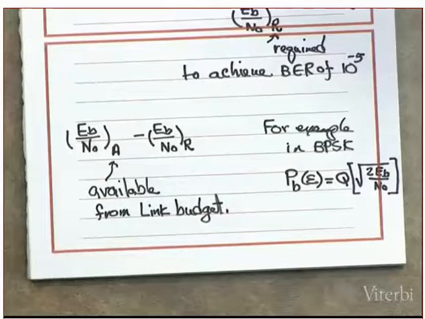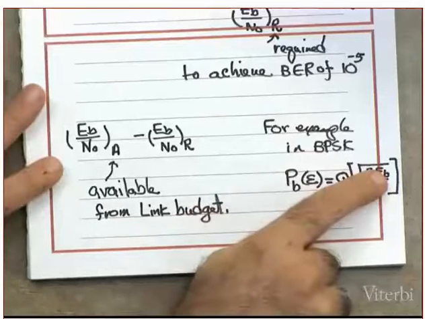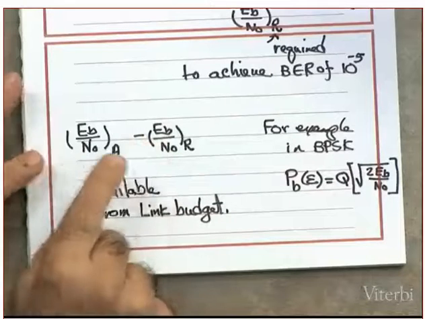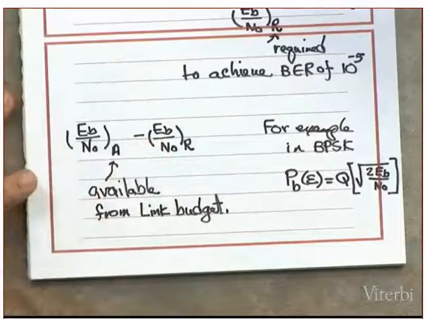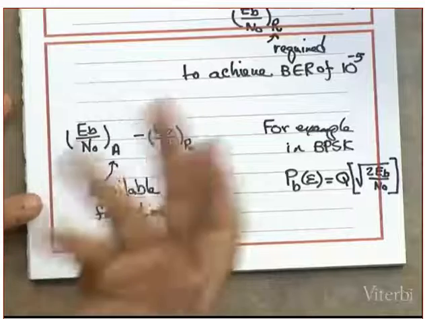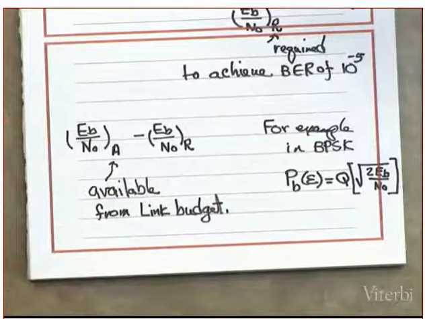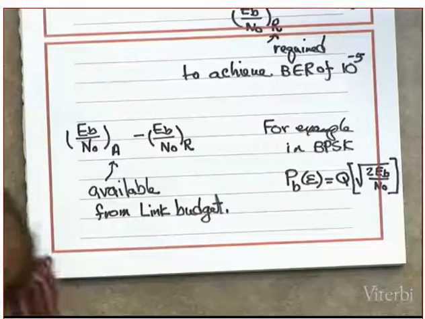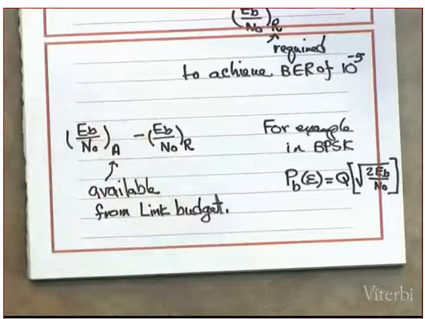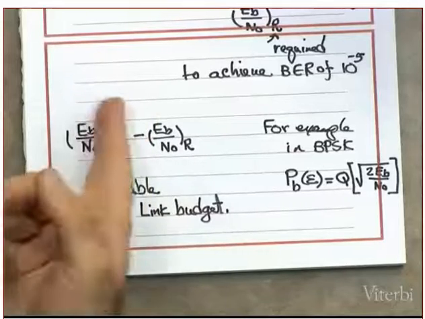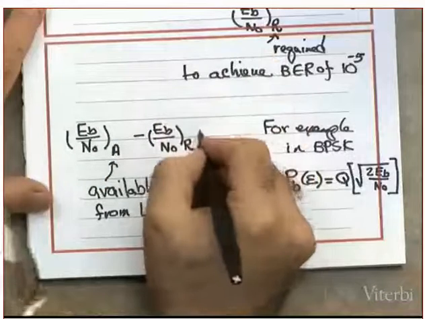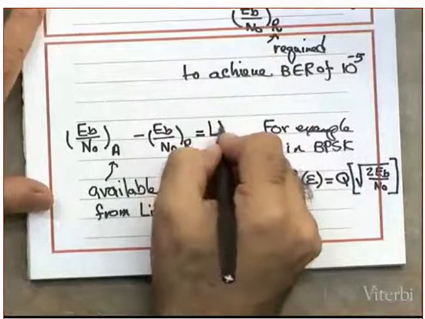Once you simulate the system, that is the required Eb over N0. The link budget will not give you the required Eb over N0; it will give you the available Eb over N0. Which one should be bigger? The available. The difference between them is the LM.